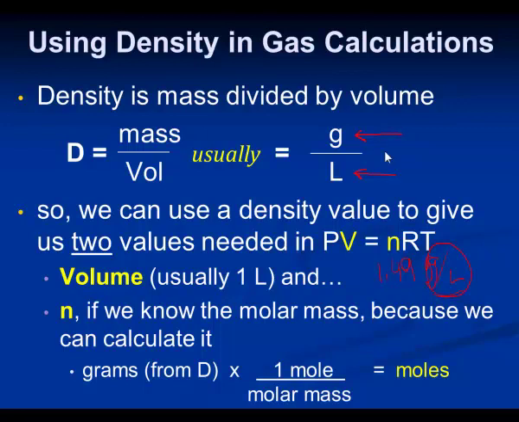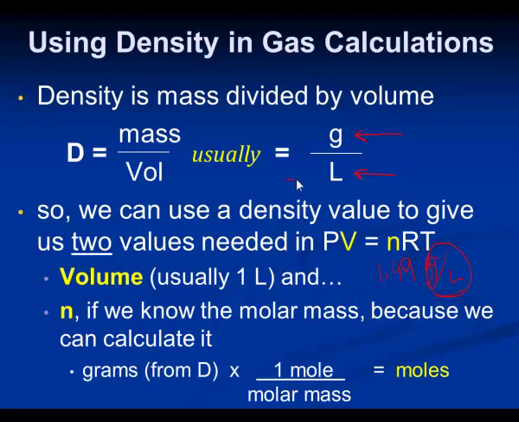We write out this unit grams per liter and we sort of forget about it. But just like the compound units that I've pointed out to you guys all year long, we have two measurements. We have the number of grams and we have the number of liters. That means we have two values that are potentially going to help us solve a problem using the ideal gas law.